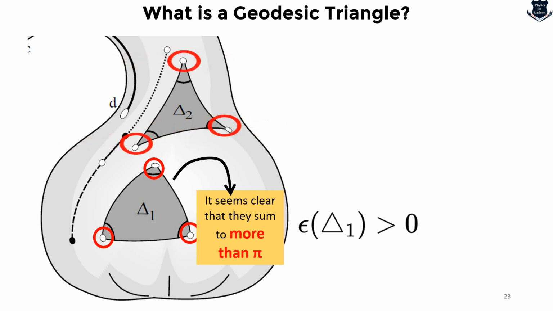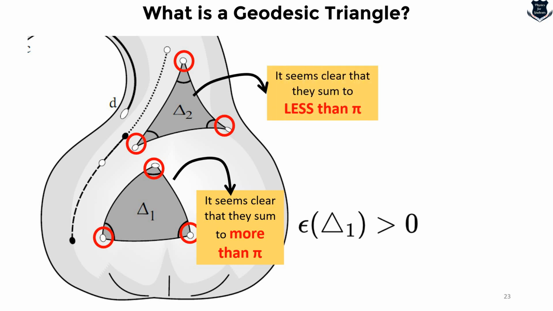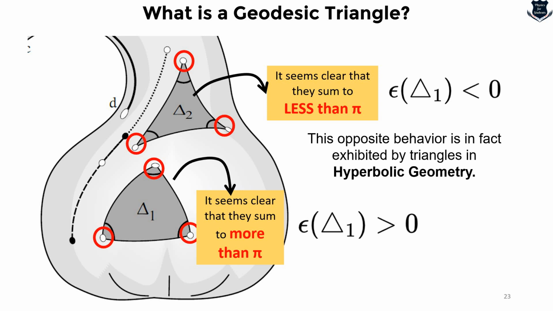On the other hand, if I take these 3 points, you can clearly see that the angles of this triangle, that is triangle 2, sum to less than pi. That means epsilon of triangle 2 will be less than 0. And this opposite behavior is more pronounced in triangles in hyperbolic geometry.